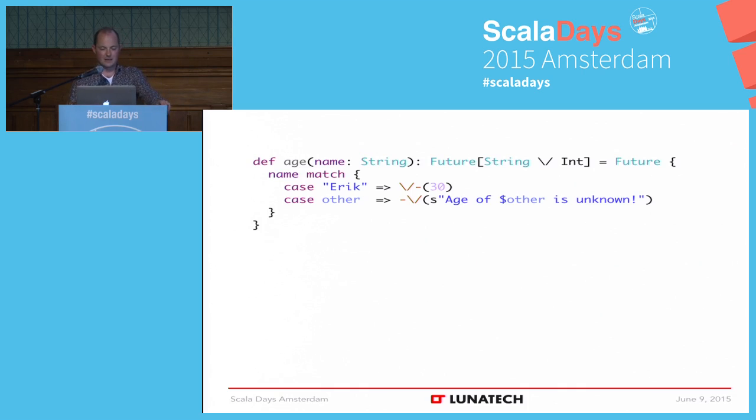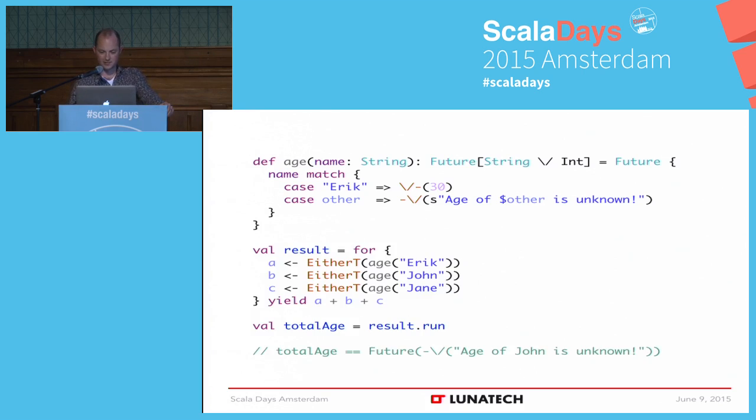And you can guess where we use the option transformer to work with a structure that looked like Future Option inner value. If we have a Future Either inner value, we're going to need the Either transformer. Scalaz also provides an Either transformer.